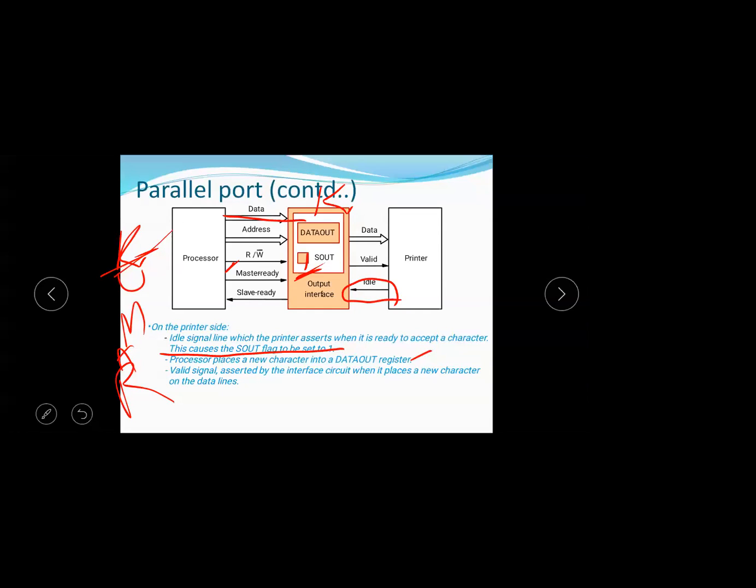The valid signal is accepted by the interface circuit when it places a new character on the data lines. The data from the data out register is transmitted to the printer circuit.